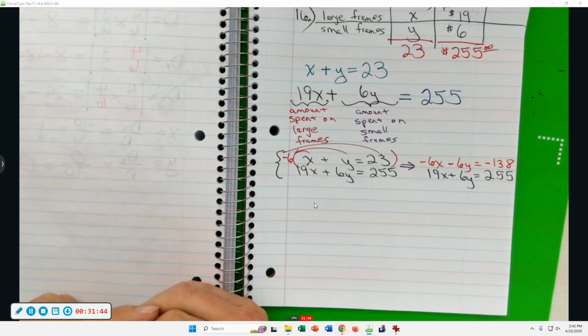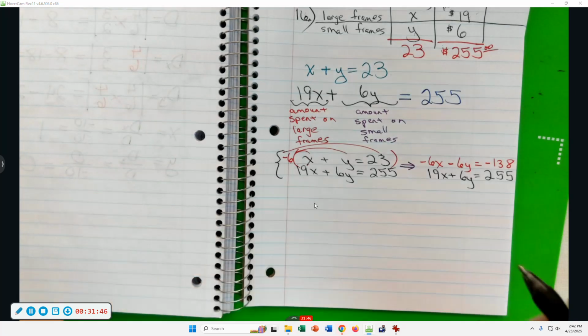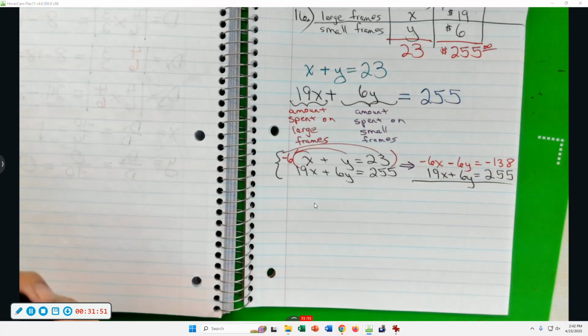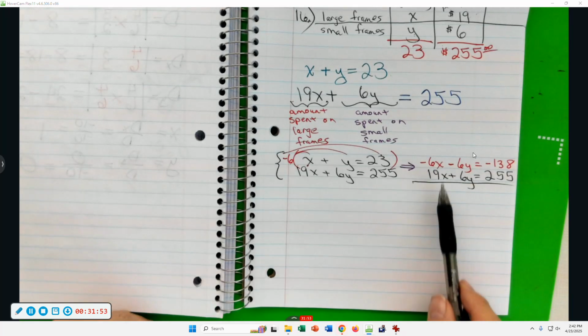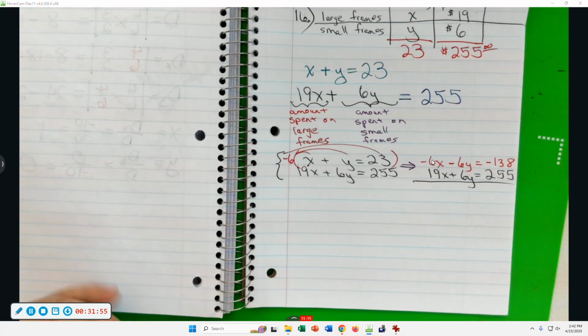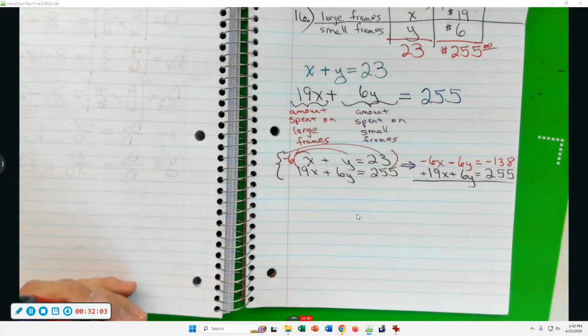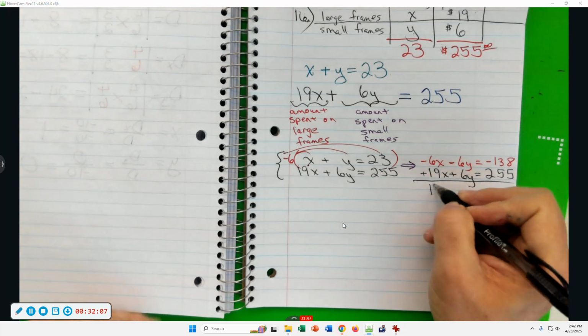If we add these two equations together, what are we going to get here when we add the x terms? We have a negative 6x plus 19x. That's going to give me a 13x.